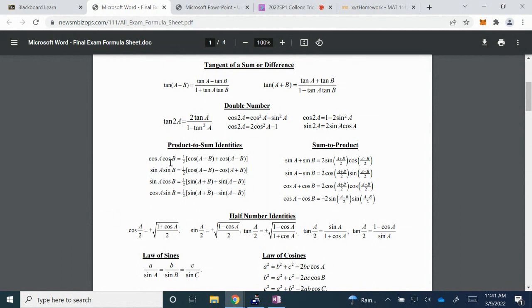So this first product is cosine A times cosine B, and that's equal to 1/2 the cosine of A plus B plus the cosine of A minus B. Next, we have sine A times sine B. We have its formula. Then we have a mix of sine and cosine. In the next form, we have sine A times cosine B, and we have cosine A times the sine of B.